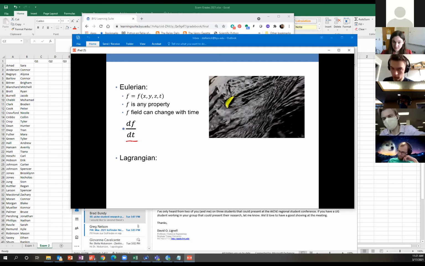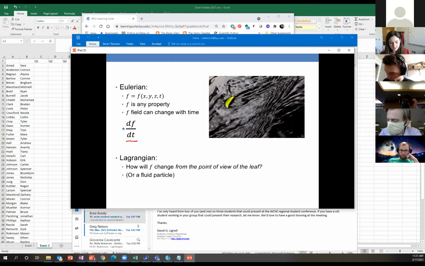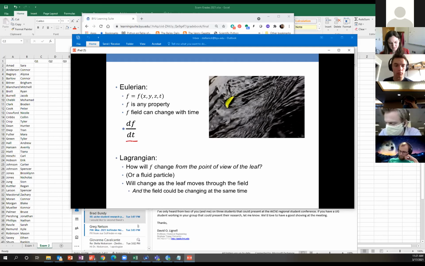And then in the Lagrangian point of view, we're following the leaf or fluid particle. Okay, we're saying how will F change from the point of view of the leaf? It changes as it moves through the field. That's just what we're talking about. And also the field can be changing with time at the same time. So the leaf is moving through the field, which makes the velocity of the leaf change, and maybe the field is also changing.